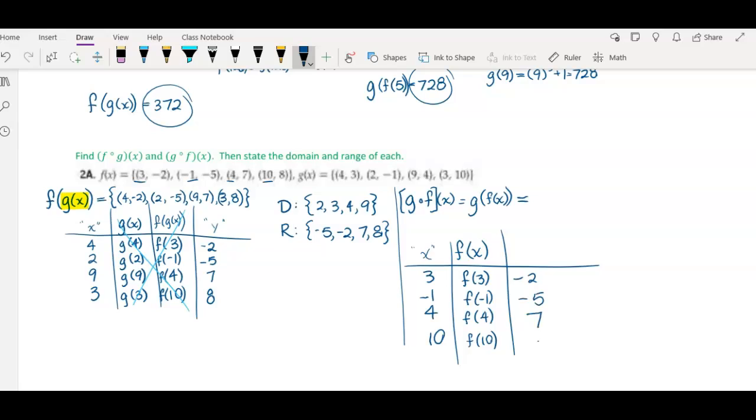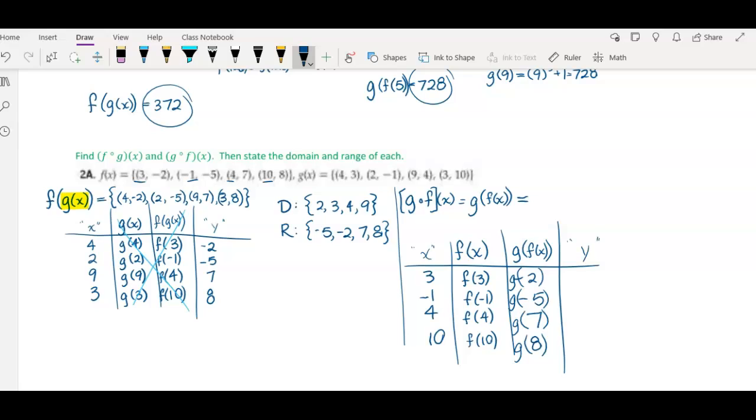And when x is 10, I get an 8. So next I want to take g of f of x. I want to take g of all of these. In other words, I want to put each of these into the function g as the x value. And out come the y's.